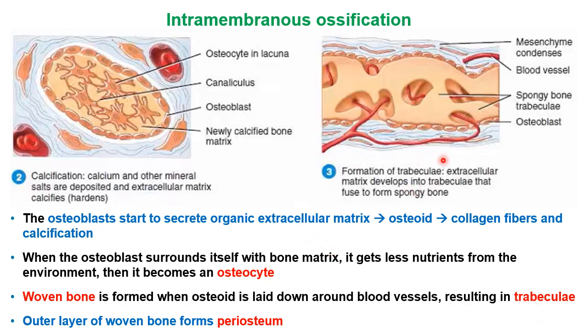So the outer layer here is going to form that tough membrane, the periosteum around here. So stem cells forming the periosteum, and then the center of these bones. And remember, bone is always very vascular. It's a lot of blood vessels in the bone, right? So then you have your spongy bone formation in the center.